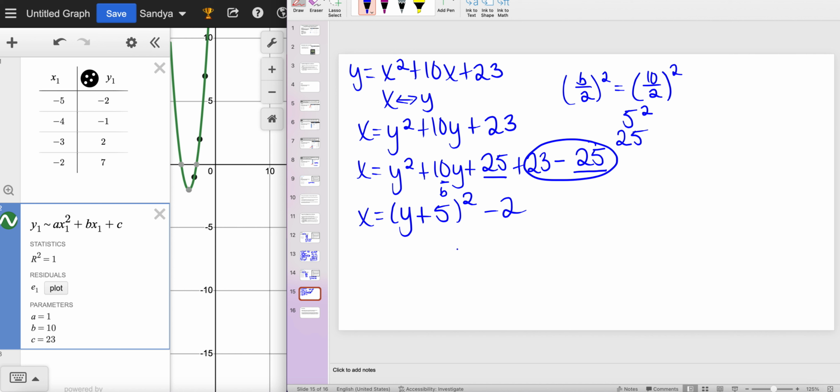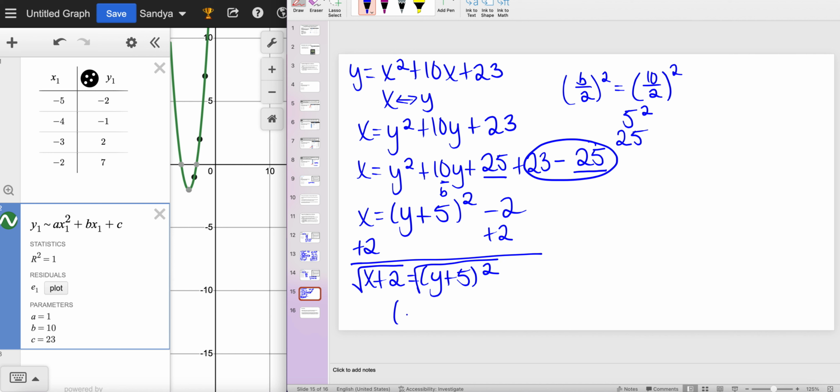So now I can work on getting y by itself. I'm going to start off by adding 2 to both sides, and so I get x plus 2 equals y plus 5 squared. I need to take the square root of both sides.